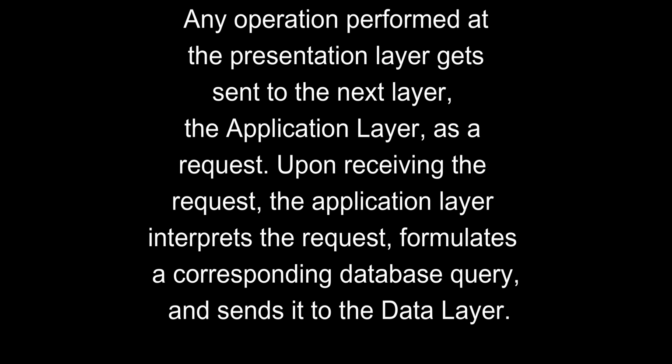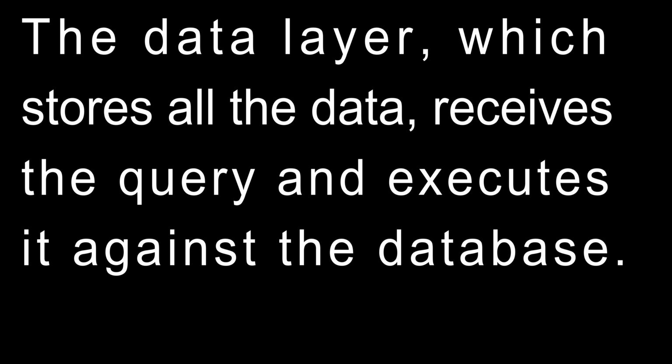Any operation performed at the presentation layer gets sent to the next layer, the application layer, as a request. Upon receiving the request, the application layer interprets it, formulates the corresponding database query, and sends it to the data layer, that is the third layer. The data layer, which stores all the data, receives the query and executes it against the database.